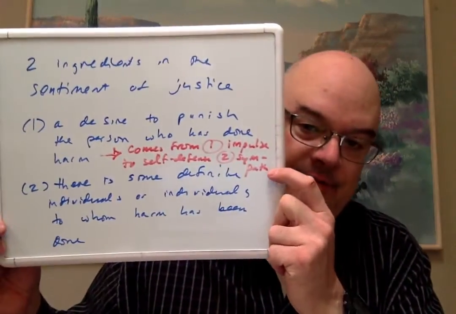But then through our intellect and our sympathy, through the second natural feeling, our feeling of sympathy, which in human beings is larger than in any other animal, because it's combined with the intellect and we can conceive of being sympathetic with society at large, through that expansion of the scope of our feelings of common cause, we can come to want to seek punishment for anyone who harms society at large in any way.